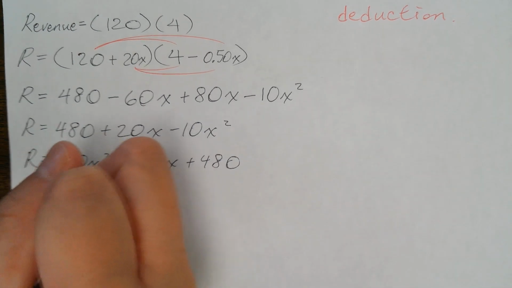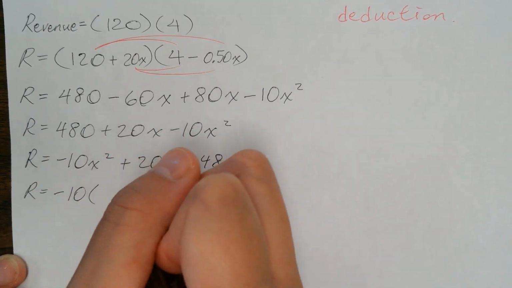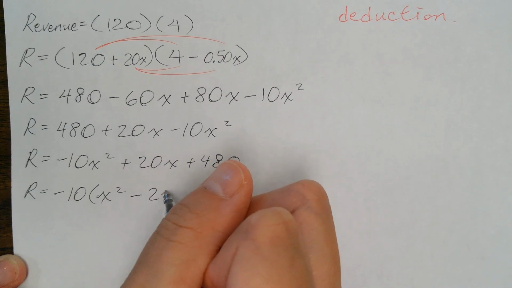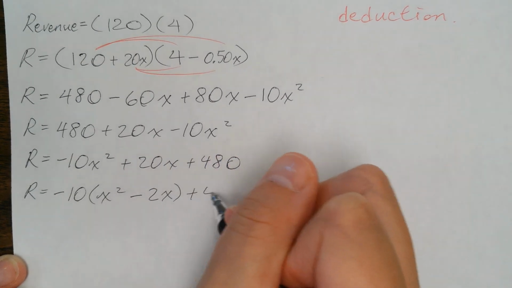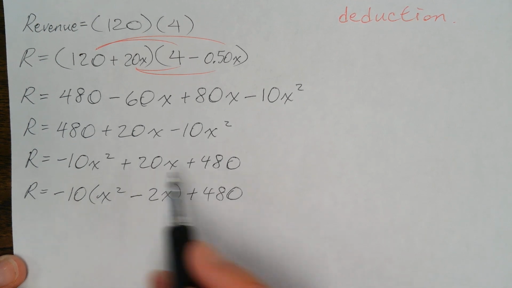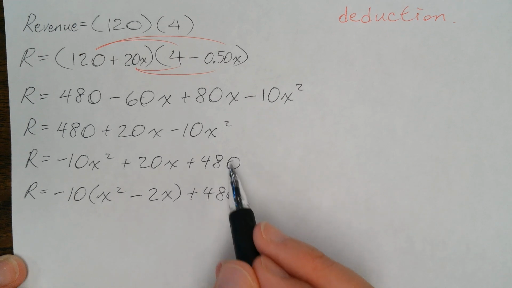So by now, I think you guys know the steps. So take out the a. You get x squared minus 2x, and then plus 480. Remember, you're only factoring it out of the first two terms. Even though this is factorable, I don't factor it, I leave it.